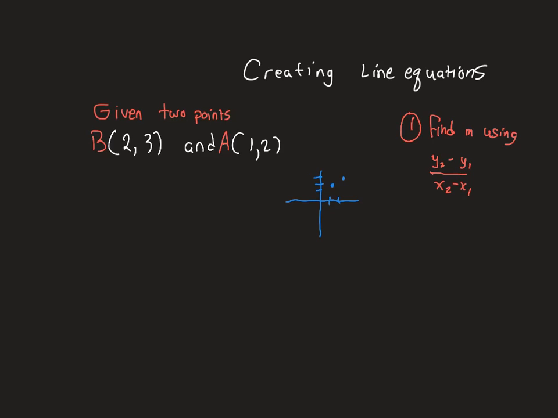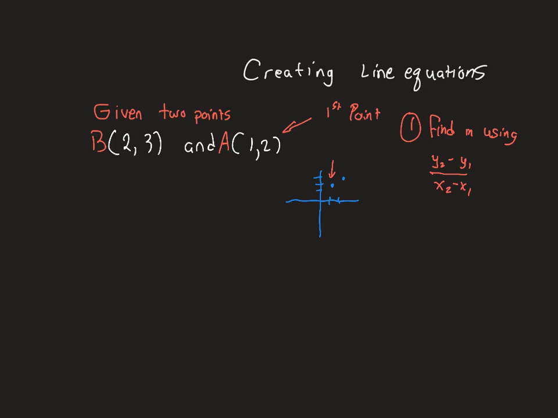Which point came first? That would be that point. So this is definitely your first point. Now with enough practice, you'll be able to tell which one's your first point without having to graph it. But until then, graphing it's a good way to do it.